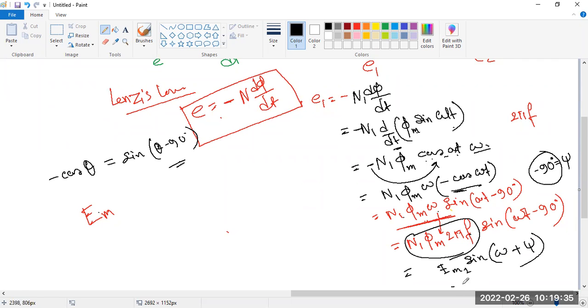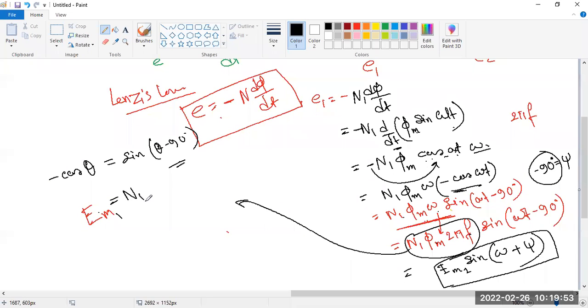So this is the equation, and em1 means, n1 is the number of turns, and 1 indicates primary.